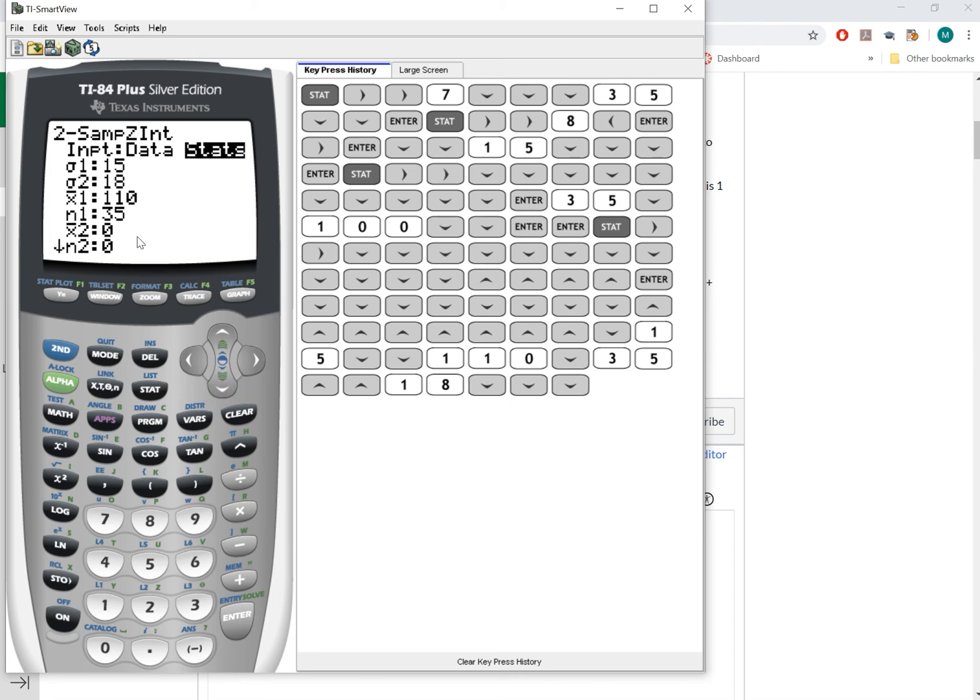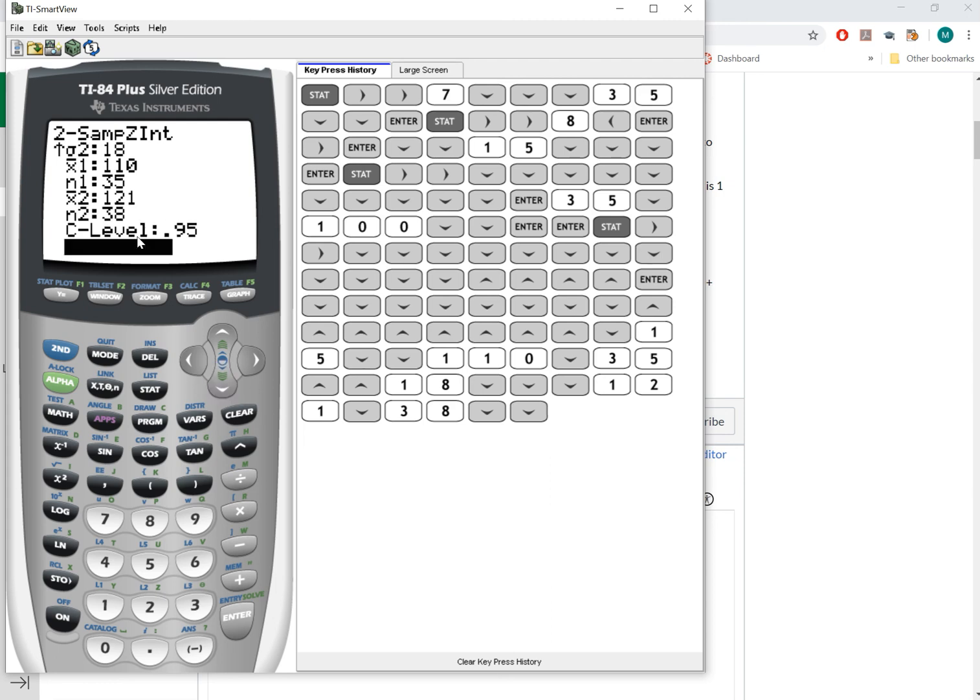And let's say that the mean in this case wasn't 110, it was 121. And let's do a sample size of say 38. Alright, confidence level 95, and you hit calculate, and there you are. And so that's how it intermingles both of the samples, so it sort of brings them together.